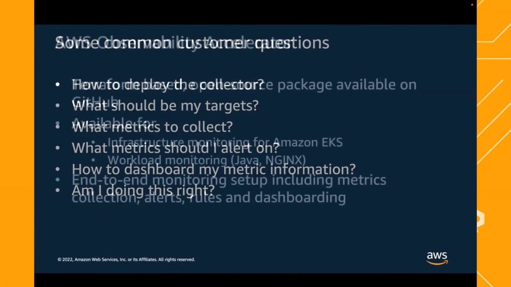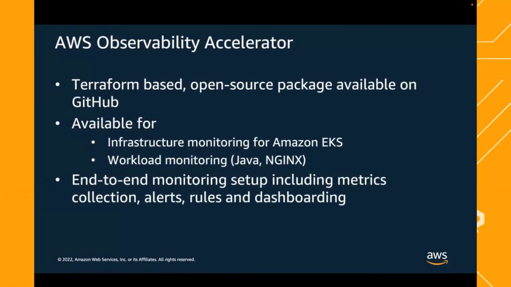So to avoid such problems, or to remove such confusions, we came up with AWS Observability Accelerator. AWS Observability Accelerator is a Terraform-based open source package that is available on GitHub. Today we support infrastructure monitoring for Amazon EKS, and we also support workload monitoring for Java and Nginx workloads.